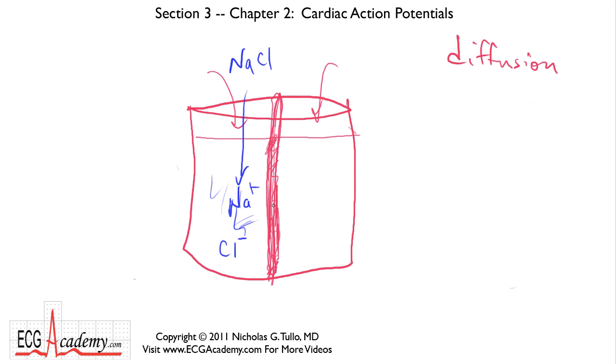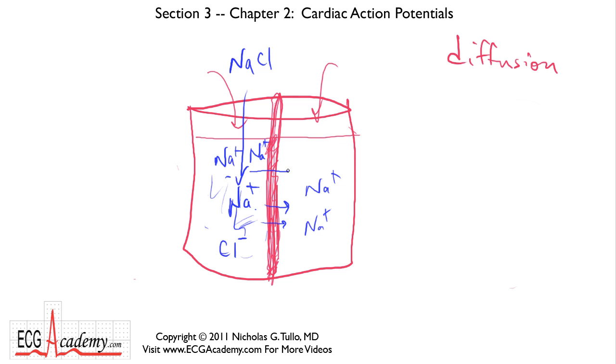Now, if this is just a plain old membrane, there are lots of different examples, but I'm not going to get too complex. What happens is you've got all this sodium on one side, and the force of the concentration actually pushes sodium through this membrane, and eventually the sodium winds up on the other side.